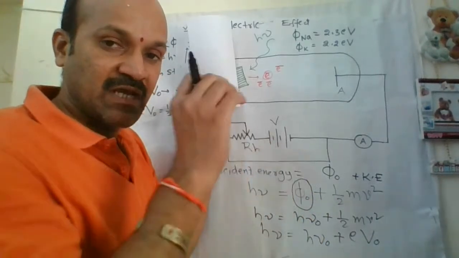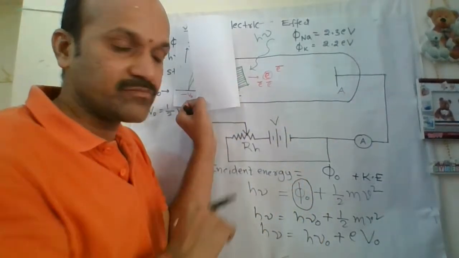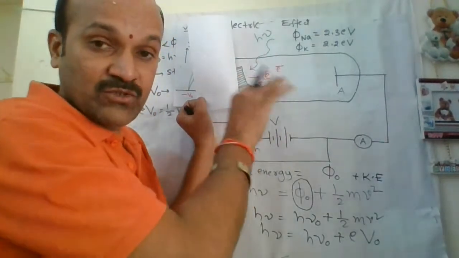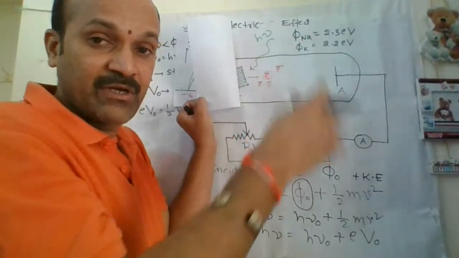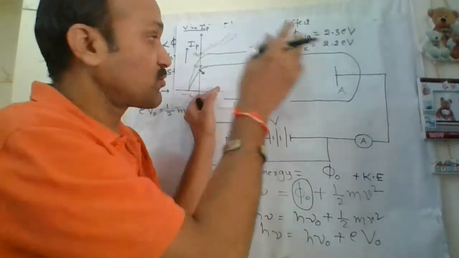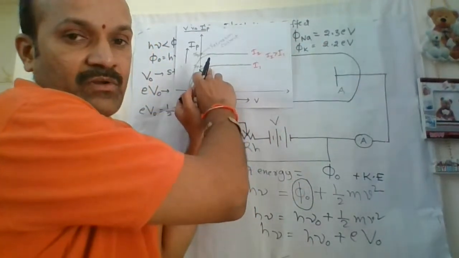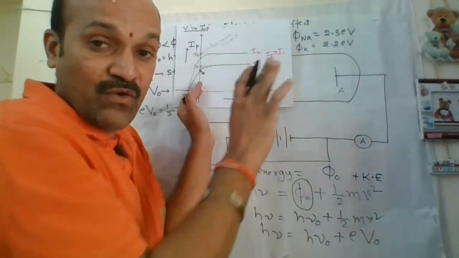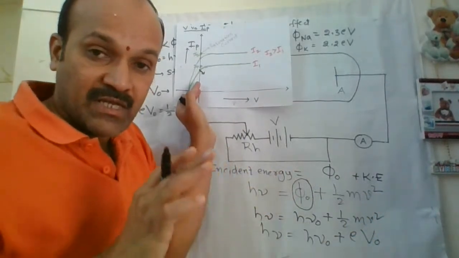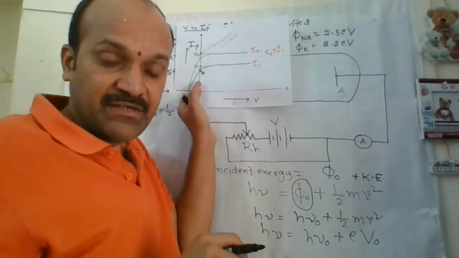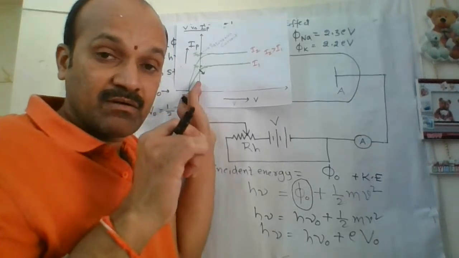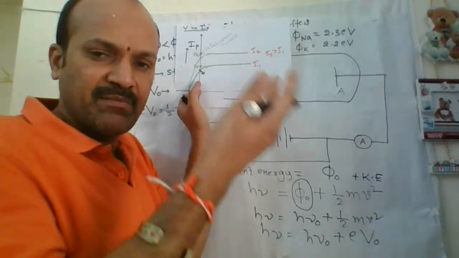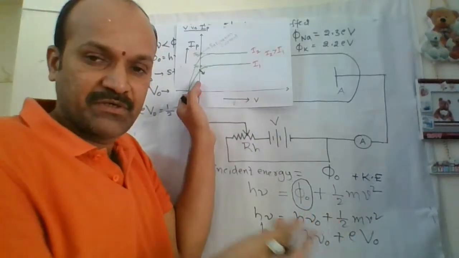For a given intensity, say 100 electrons are emitted out. If you keep that intensity constant, only those 100 electrons will keep on being emitted and reach that electrode. That means current flow is constant for that particular intensity of light. Even though you increase potential difference very high, there will be some limit.